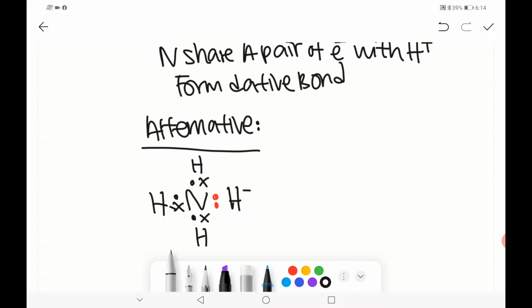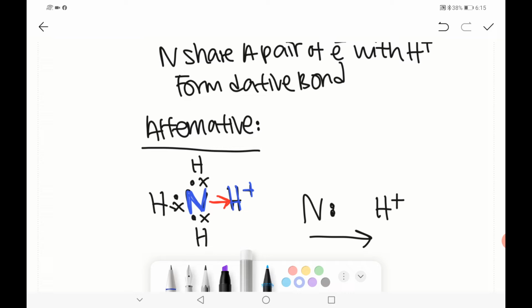Since this pair of electrons is given by nitrogen, which has a lone pair to give to the H plus, sometimes they also replace this pair of electrons with an arrow. So when you see an arrow like this, you know that this is a dative bond. It means that the nitrogen gives a pair of electrons to the H plus.